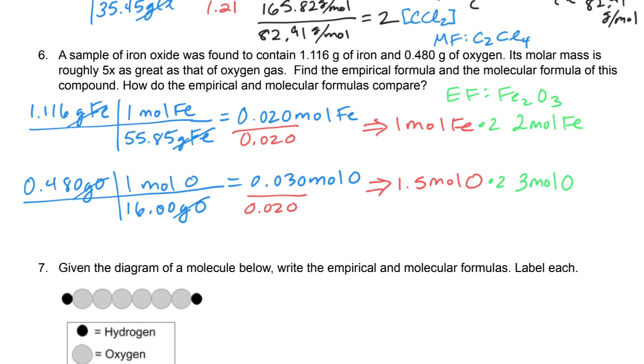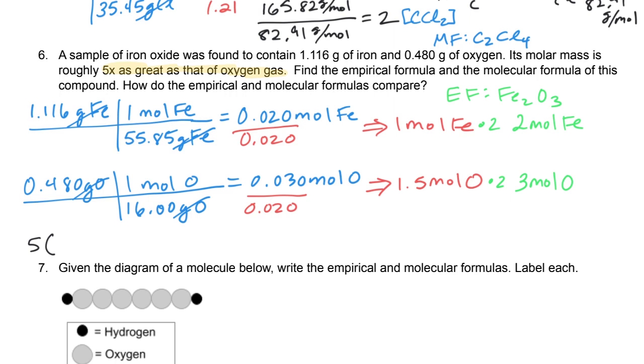So that is my empirical formula. Now let's go back and think about what it said in the problem about the 5 times as great as oxygen gas thing. That was something we threw in there, a little tricksy, because we wanted you to remember that oxygen gas is diatomic. The oxygen we're breathing right now is O2. So you would say 5 times oxygen gas, which is O2.